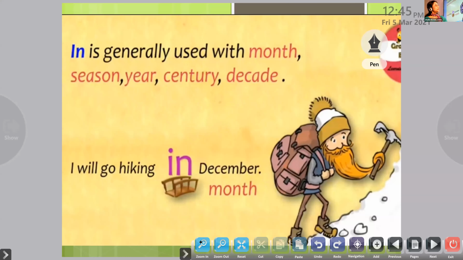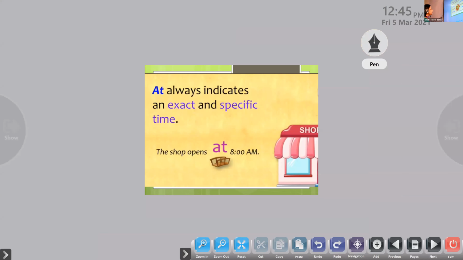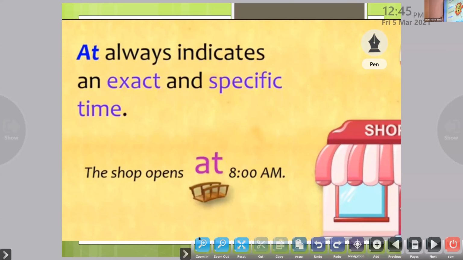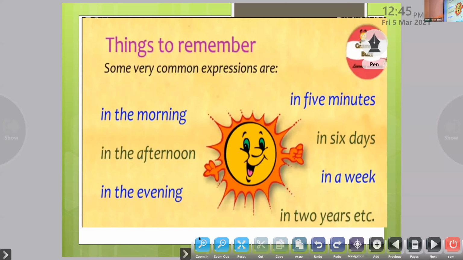Clear? And also with parts of the day: in the morning, in the afternoon, in the evening. With all these expressions we use the preposition in. That is, in 5 minutes, in 6 days, in a week, in 2 years.